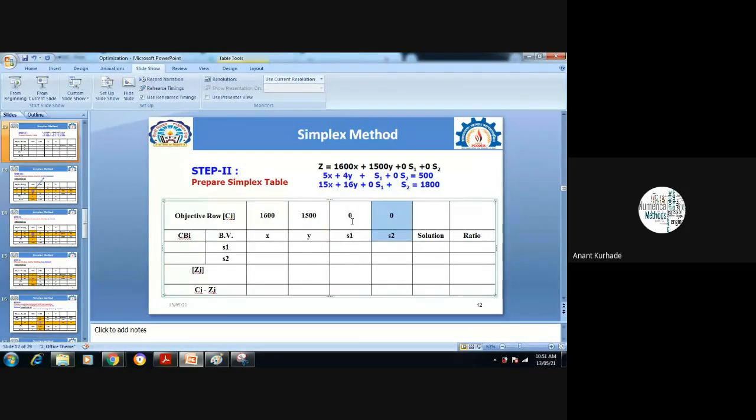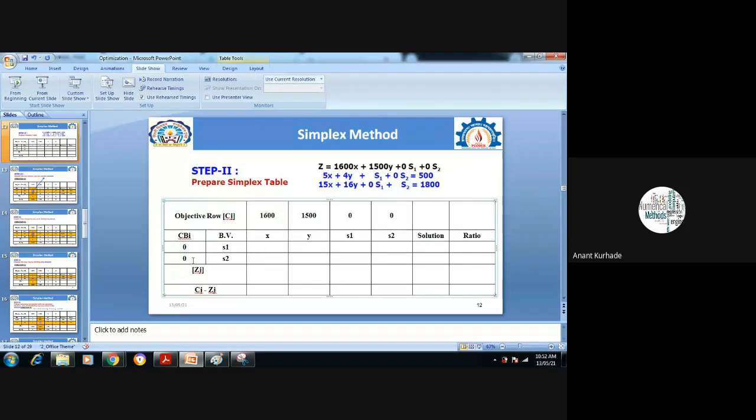The coefficient of S1 is 0 from your objective function. Again, the coefficient of S2 is 0 from the objective function. We have written the coefficients of X, Y, S1, S2 exactly above from this objective function. Here also, write down the coefficients of S1, S2 from the objective function only. So write 0 and 0.